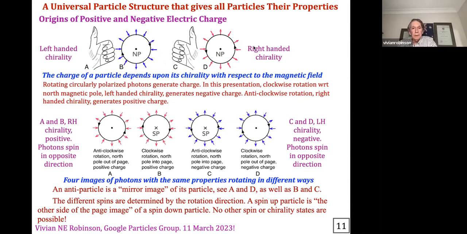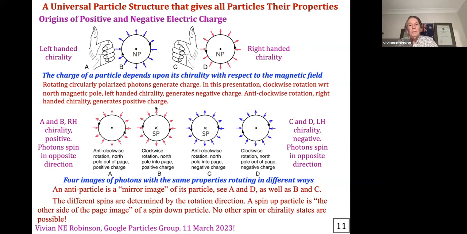and I'm suggesting right-handed chirality gives positive charge. Now here we have 4 illustrations of what could be regarded as the same photon, with the same properties. There are only 2 ways it can rotate, clockwise or anti-clockwise, and the spin of the photon can only spin one way or the other.